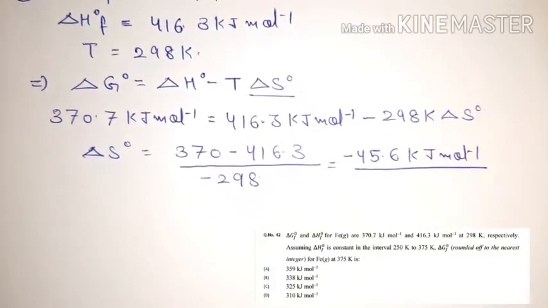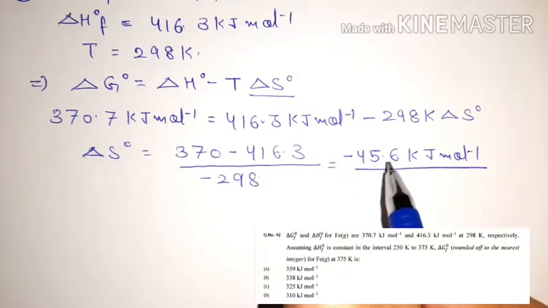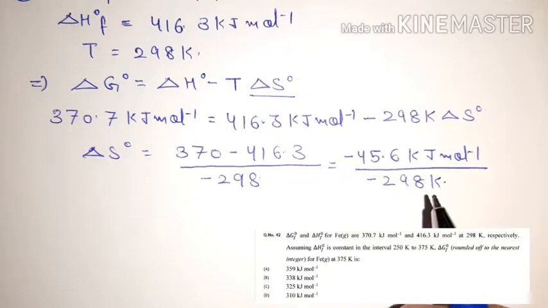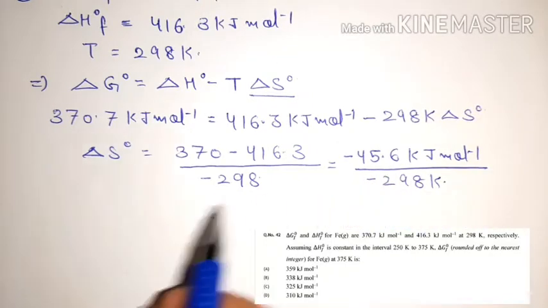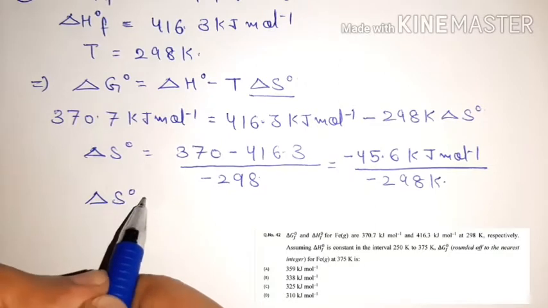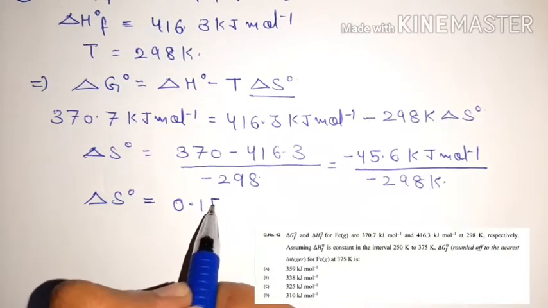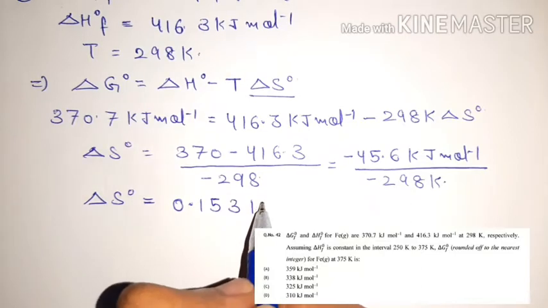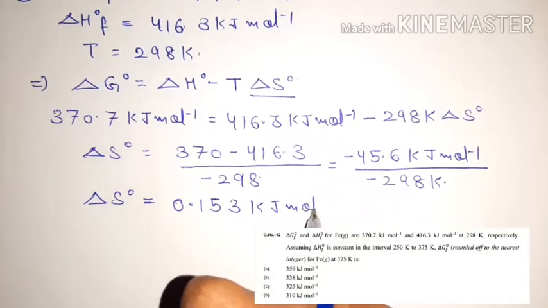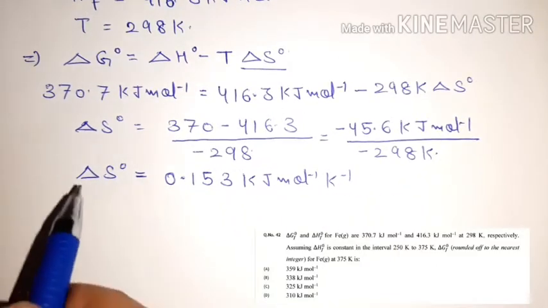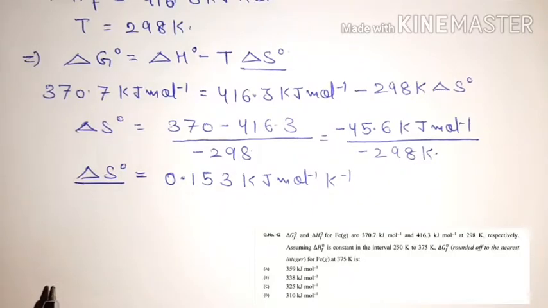The value of 370 minus 416.3 is minus 45.6 and here minus 298 Kelvin. So when you solve this term, you will get the value of delta S naught, that is 0.153 kilojoule per mole per Kelvin. Okay. So now friends, we have the value of delta S naught.